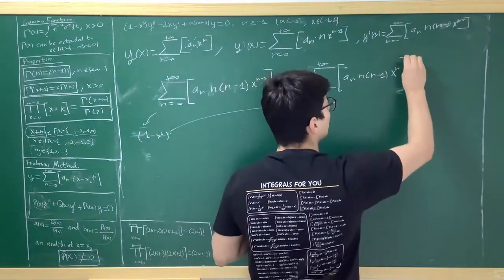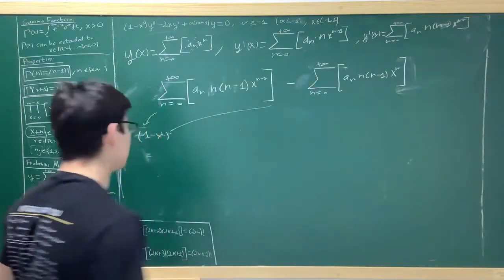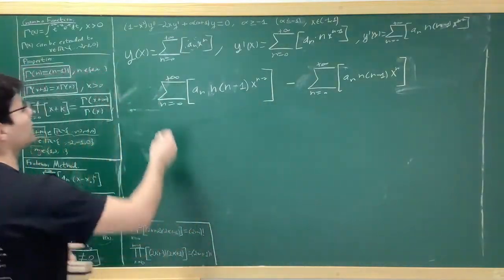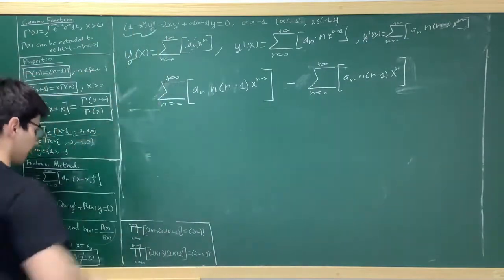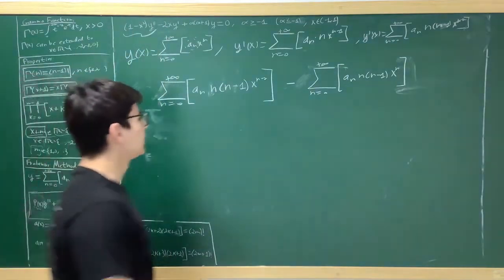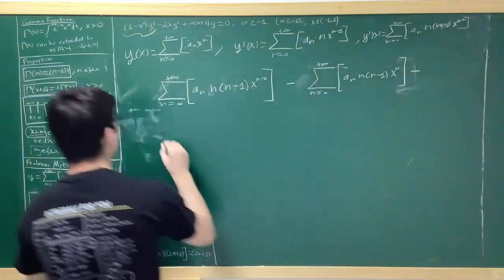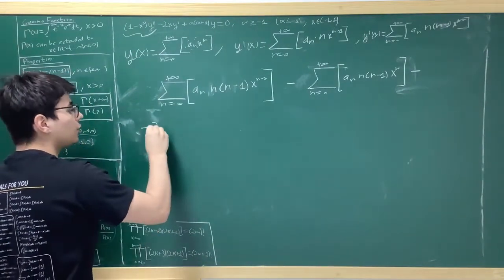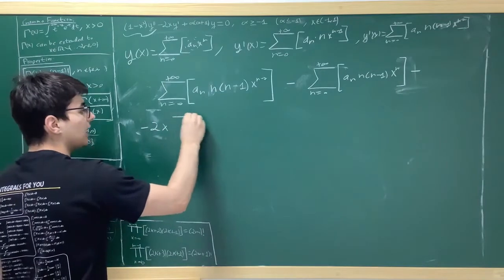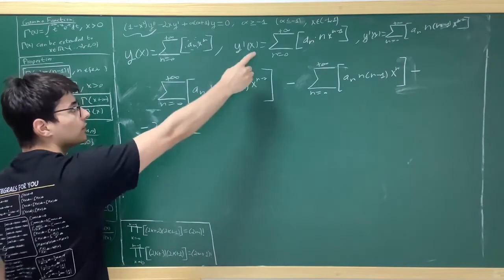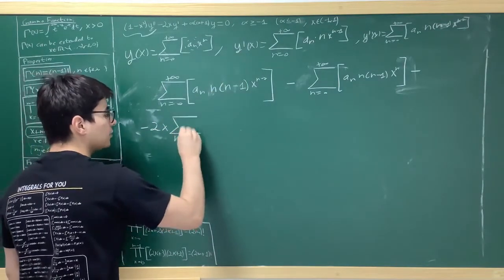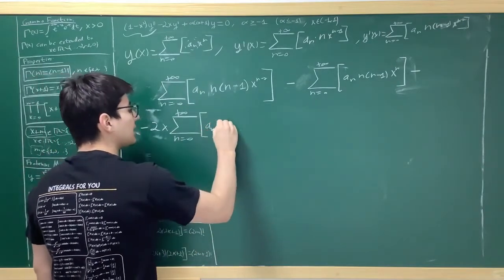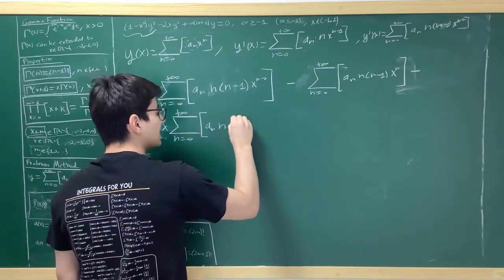Why are we doing this? Well, you will see afterwards why, because it's really useful to express it in these terms. So all of this, notice, is just this part. What is next is just minus 2x and y prime. y prime, we have it right there, is the sum from n equals 0 to positive infinity of a_n n x to the n minus 1.